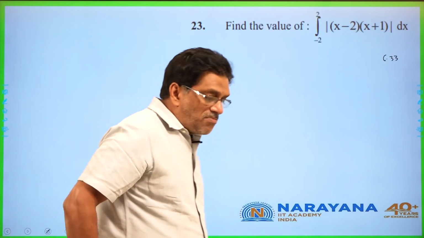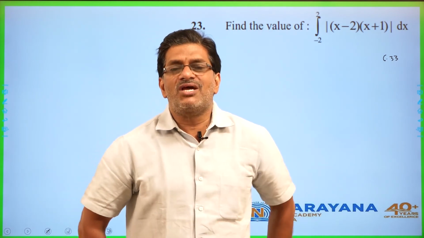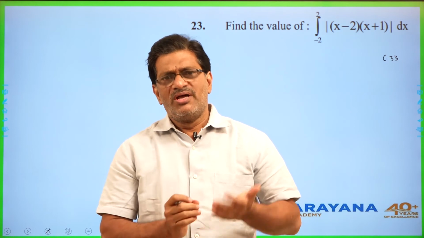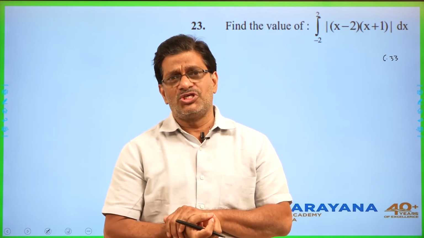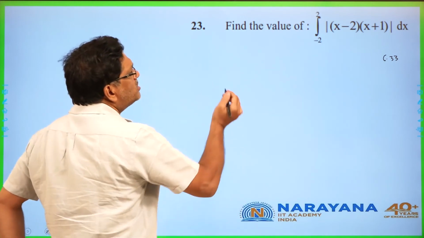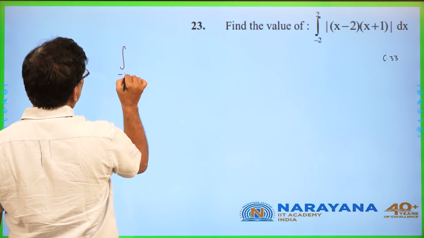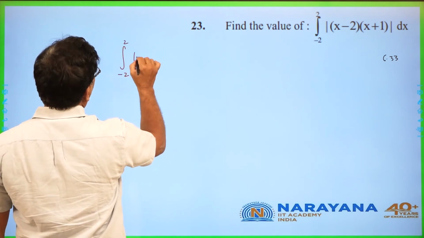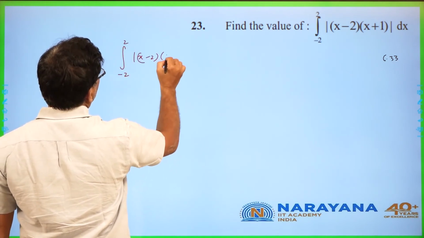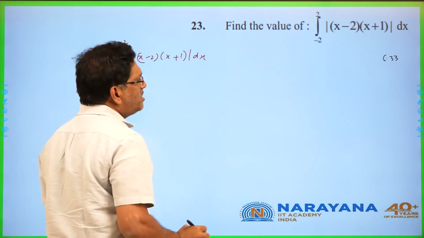Find the value. A mod function from definite integral. We know that mod x is equal to plus x if x is greater than or equal to 0, and minus x when x is negative. So what you have to do is simply break the limits. The integral from minus 2 to 2 of mod of x minus 2 into x plus 1 dx.